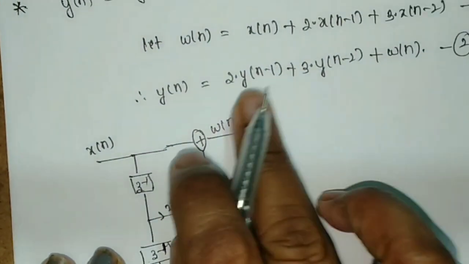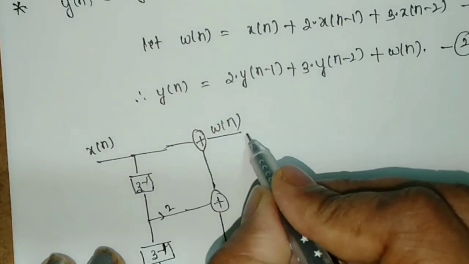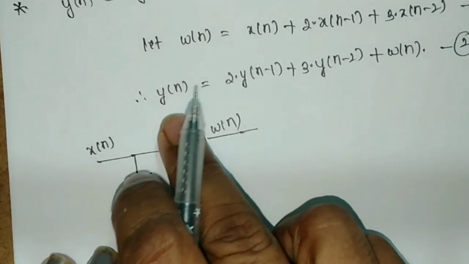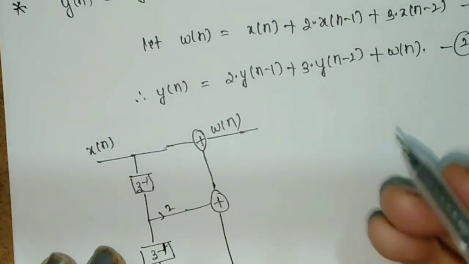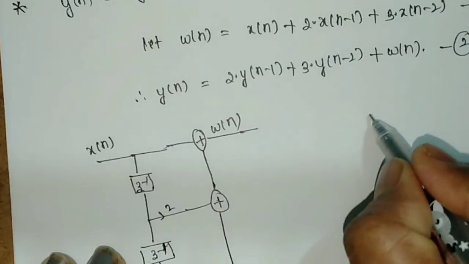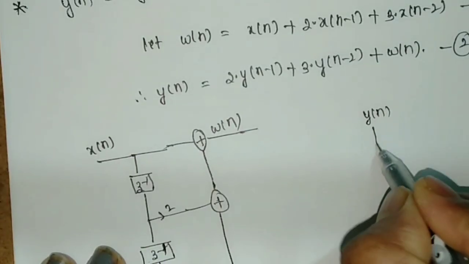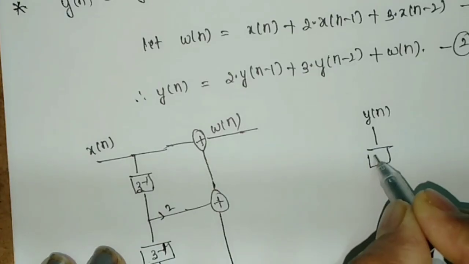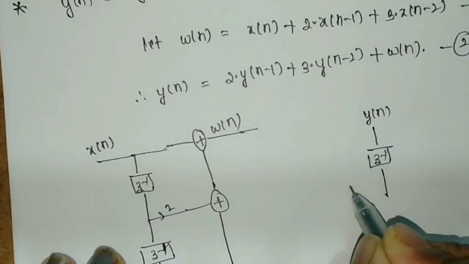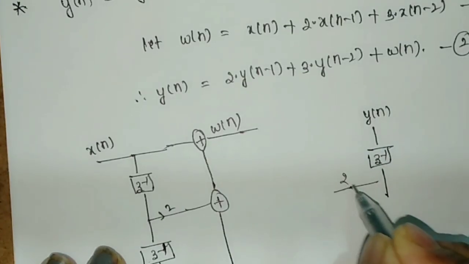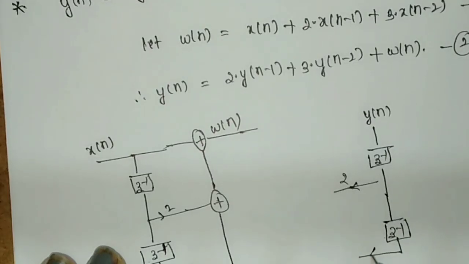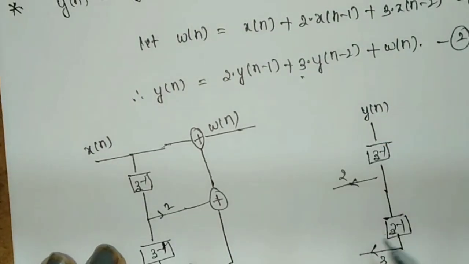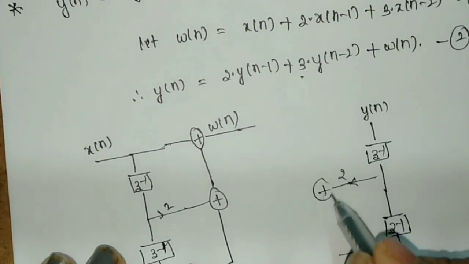Okay, now let us do equation number 2. This is the feedback process, right? So we'll start with y of n here. So y of n with z power minus 1 will be multiplied by 2, and here z power minus 2 is multiplied with the coefficient 3, and these two are summed together.